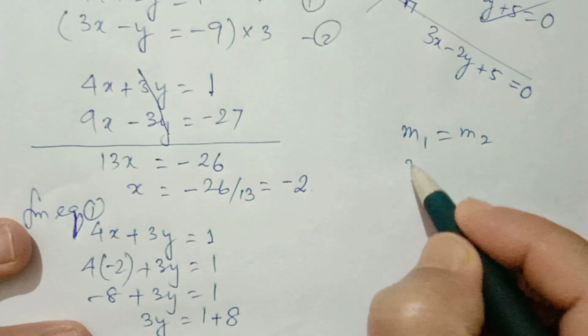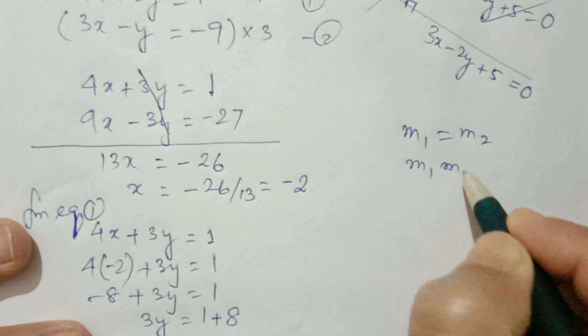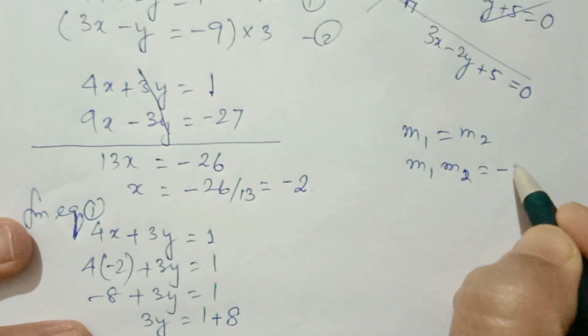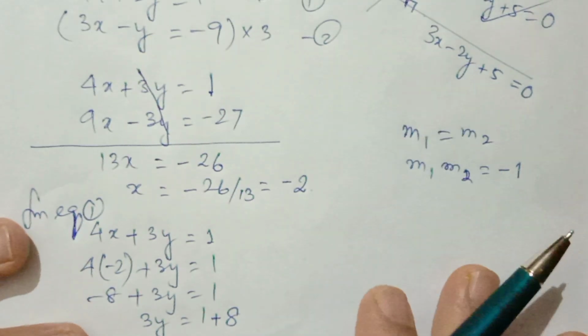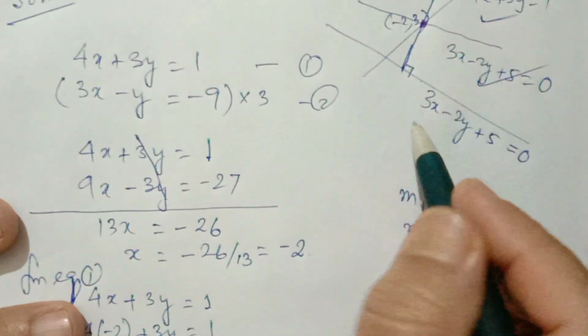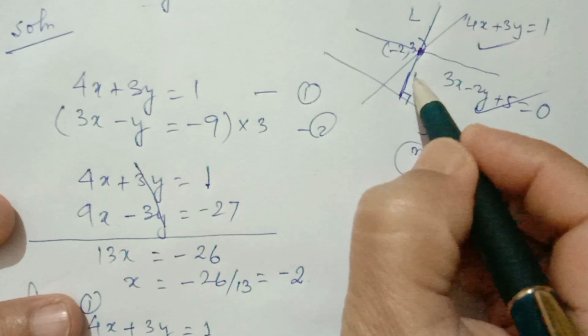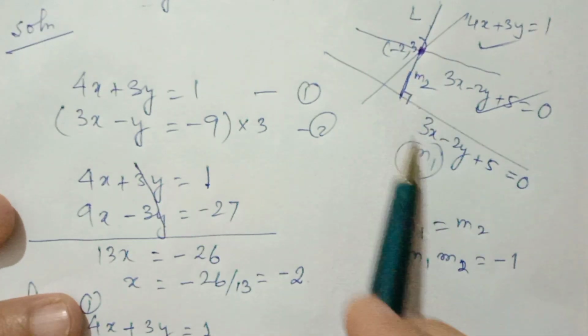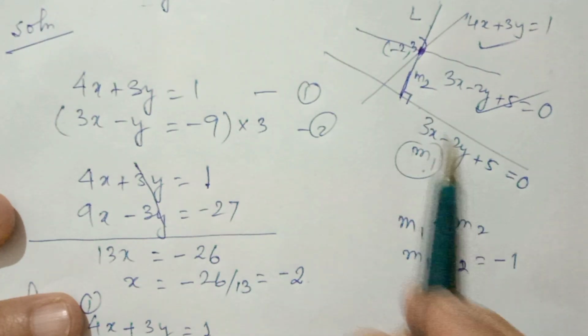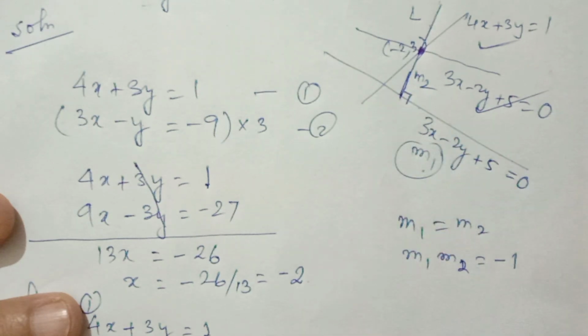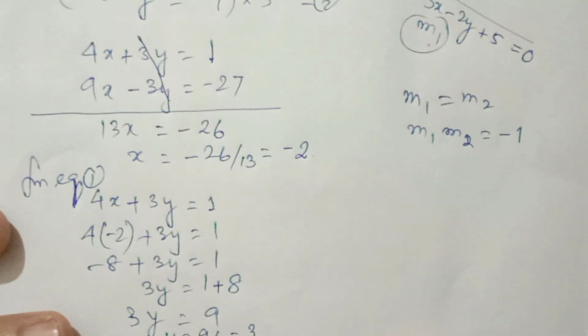When two lines are perpendicular, then the product of the slopes will be minus 1. So here perpendicular is given. If the slope of this is m1 and the slope of the required line is m2, then m1 into m2 will be minus 1 because these two are perpendicular. It is given in the question.